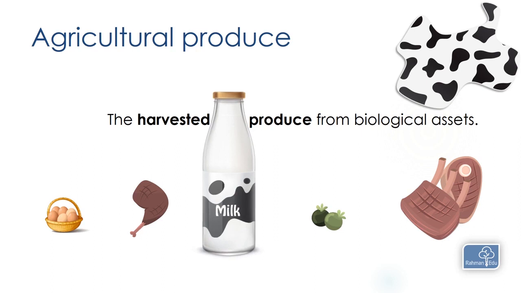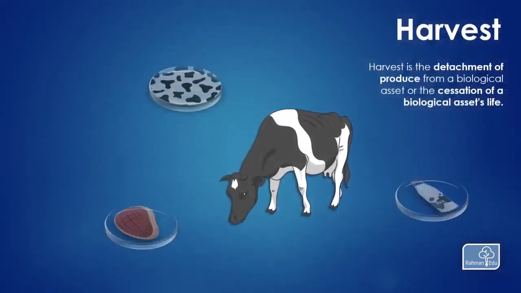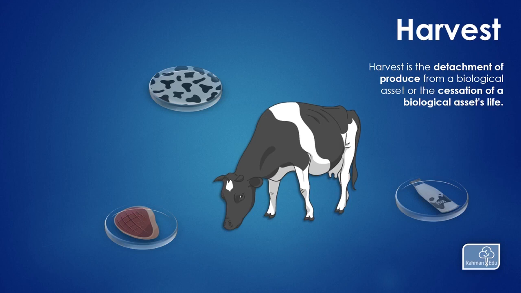An agricultural produce is the harvested produce from a biological asset, such as milk, meat, eggs, etc. And what is a harvest? Harvest is the process of detachment of produce from a biological asset or the end of the biological asset's life. You take out milk from this cow, that process is harvest. All right, we will do that later.